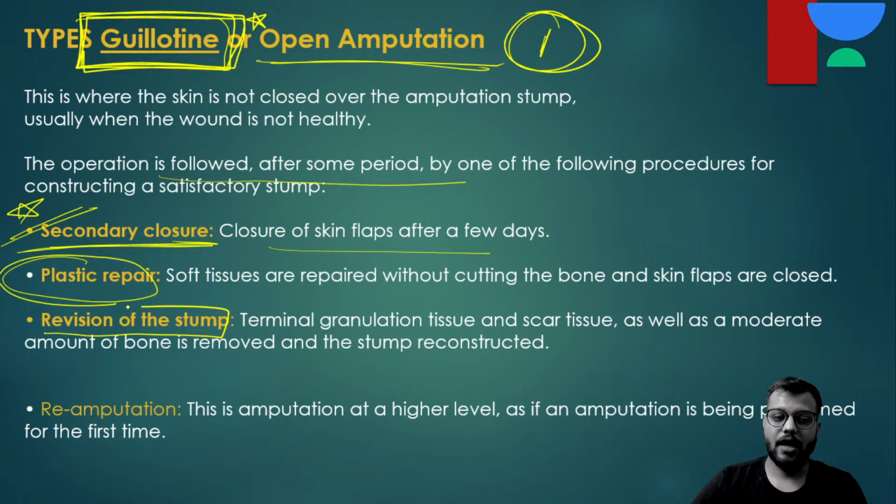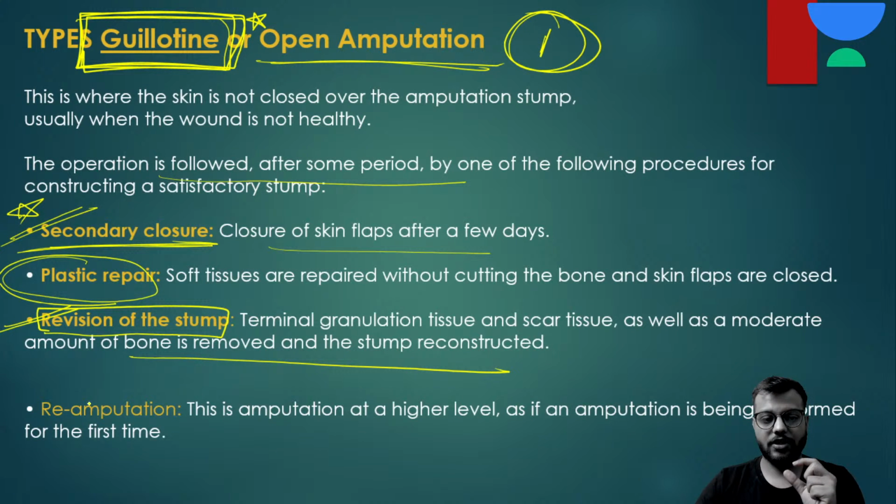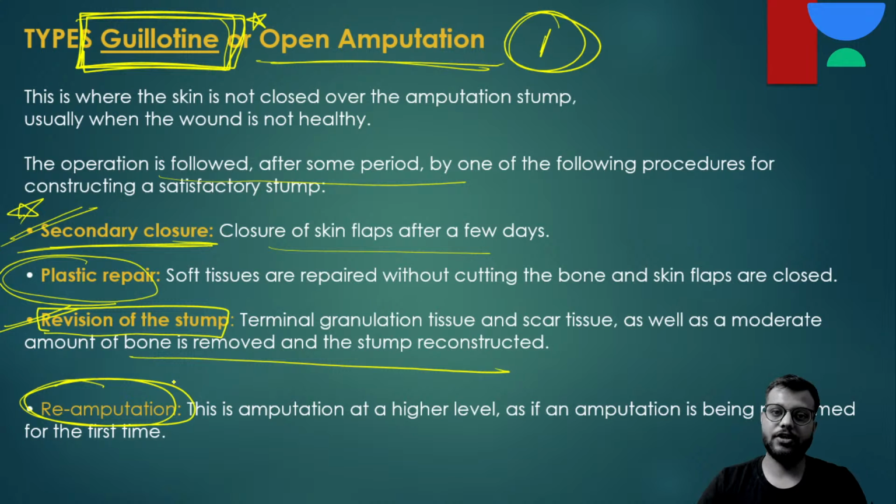Or if the amputation is not done properly, like there is exposed bone or very intense infection with pus draining out, especially in road traffic accidents, you need to revise the amputation, and in this you also cut a small part of the bone and the stump is reconstructed. And reamputation: if the first amputation was not done properly and you do a new amputation at a much more proximal level, then it is called reamputation.